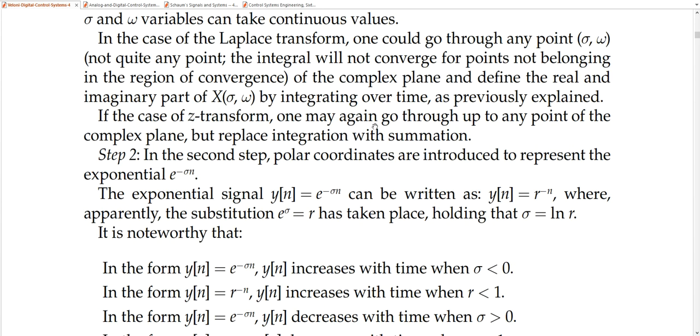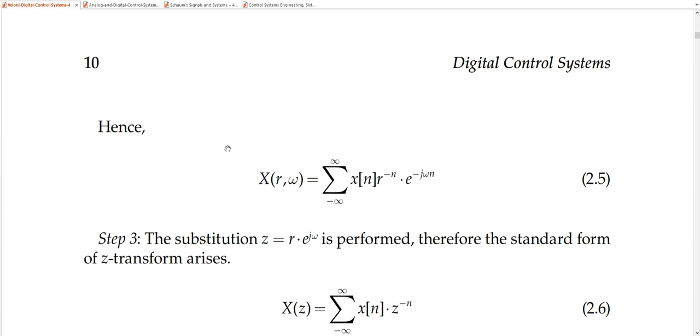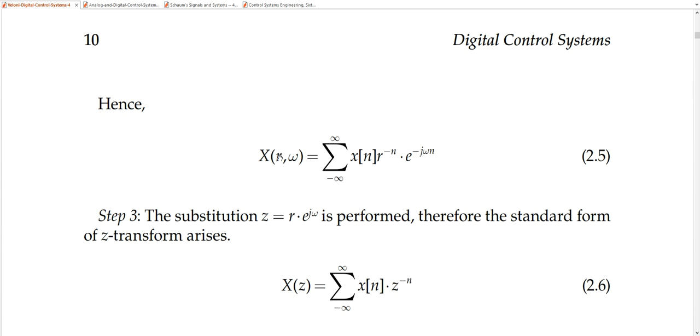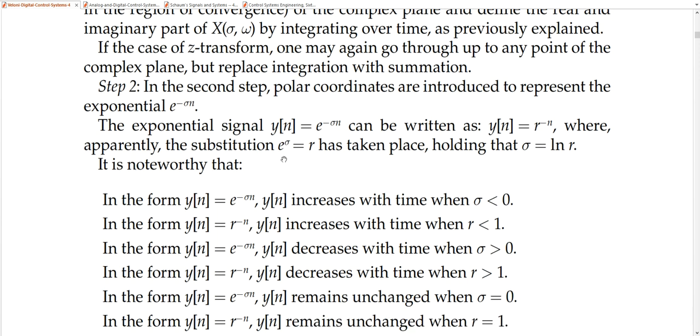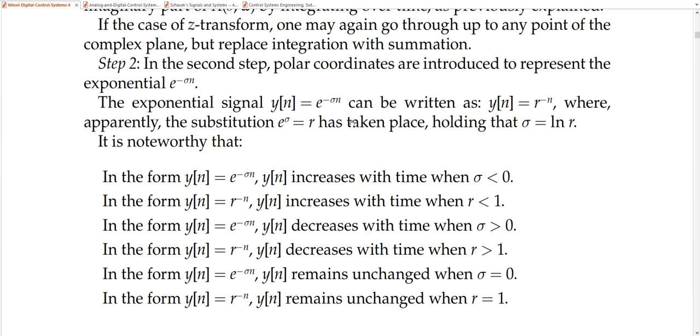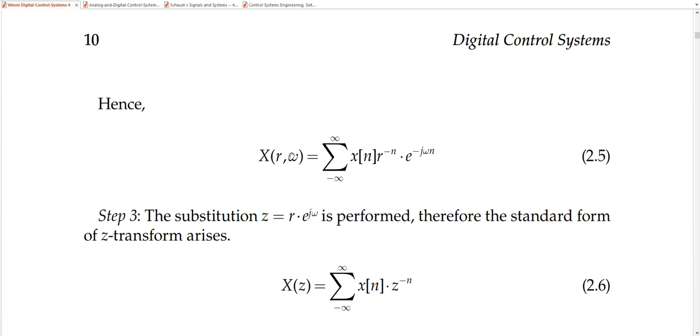So hence we have here x in terms of r. Since we have a polar term now, we have an r. So here we converted r e to the lambda n into terms of r to the n. So r and omega: r here is the radius, and omega here is the angle. If you get the z transform, you're just getting the summation of xn times r to the negative n times e to the negative j omega n from negative infinity to positive infinity.